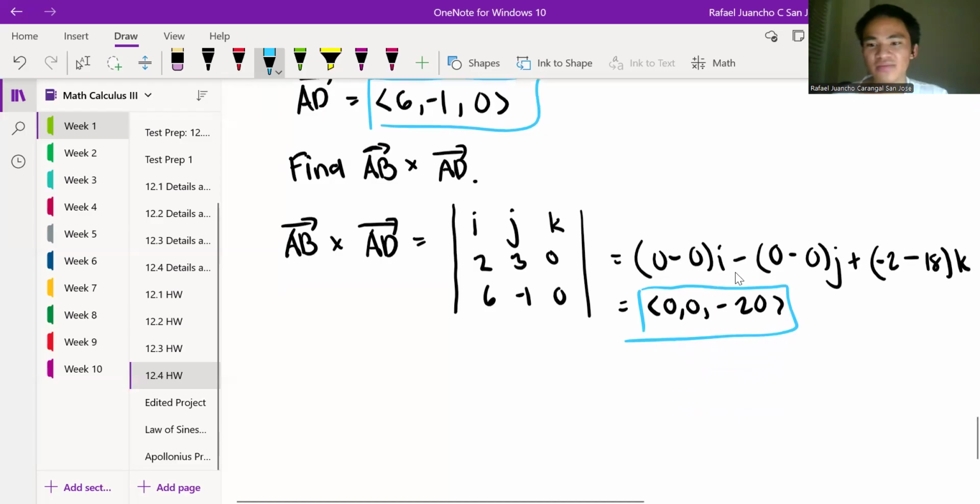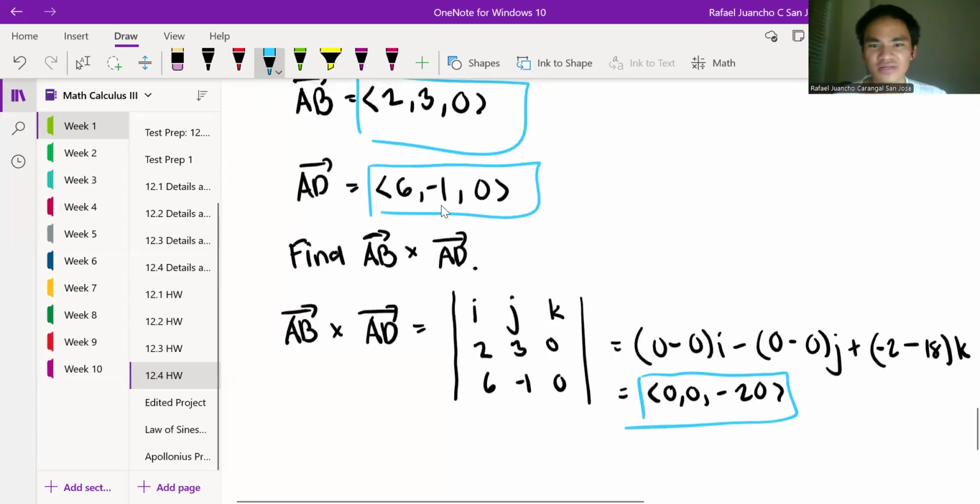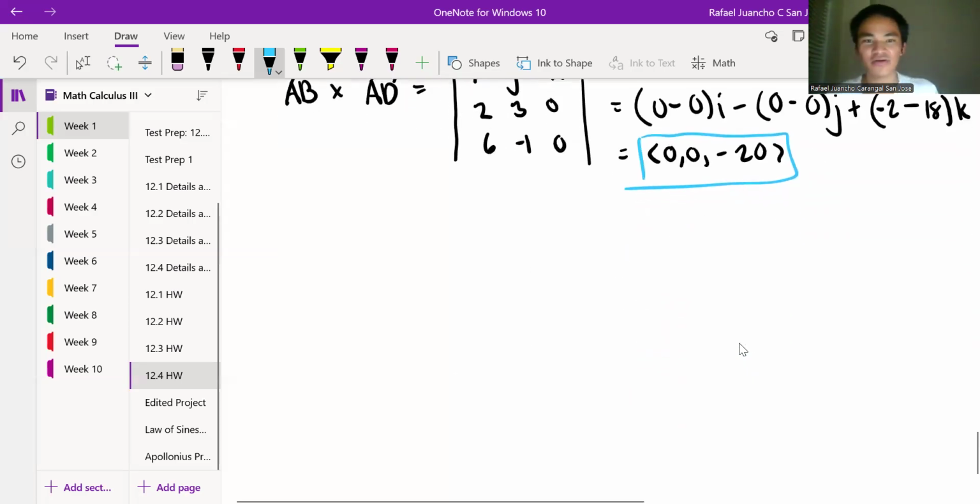So we have 0i plus 0j plus -20k. So we have 0, 0, -20. I forget the cross product though. Oh no, that's all 0, because you just multiply 0 by -20. So yeah. Okay. So that works.